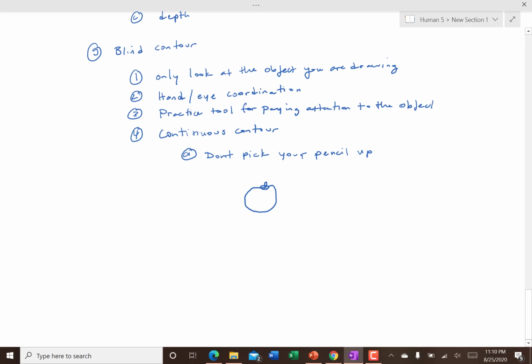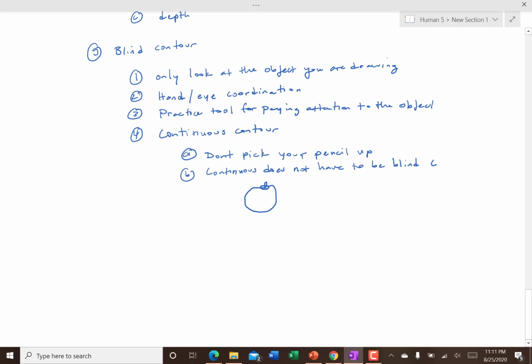My line didn't break. I backtracked a little at the end there, but the idea is that you can do continuous and not do blind contour. So continuous does not have to be blind.